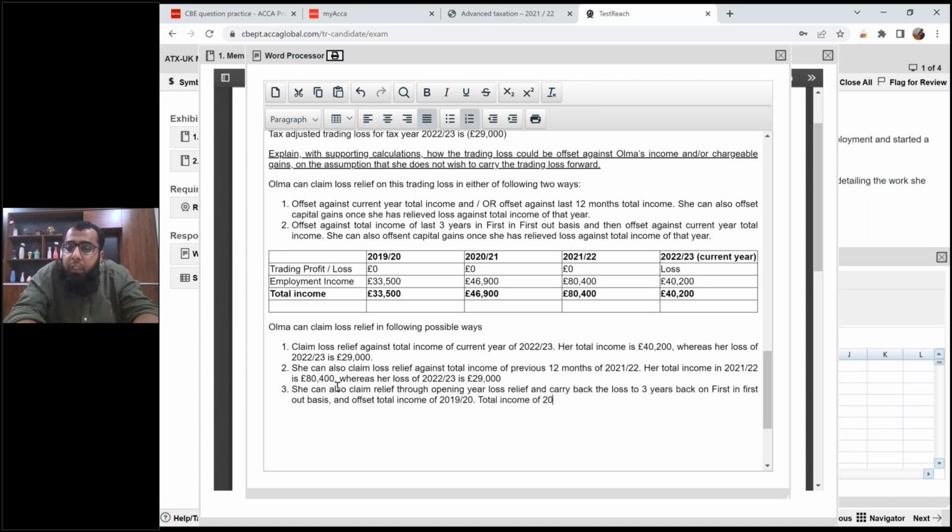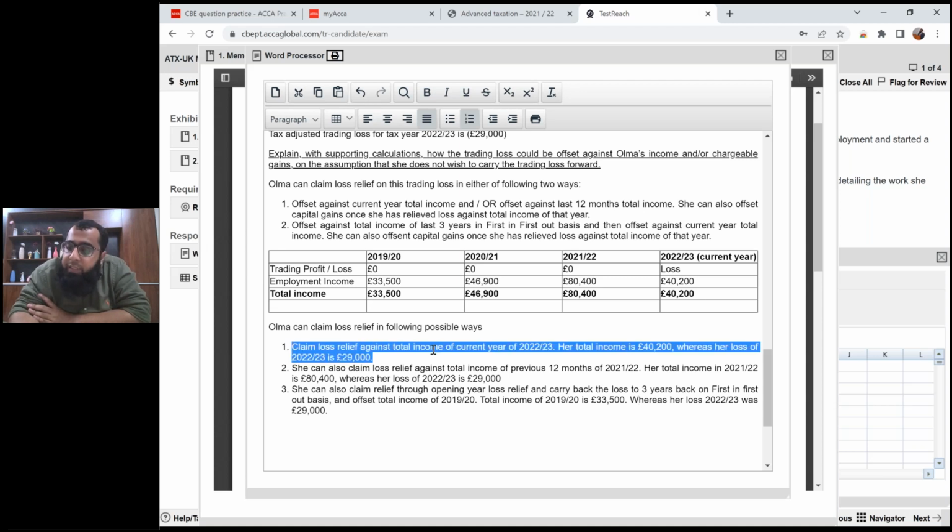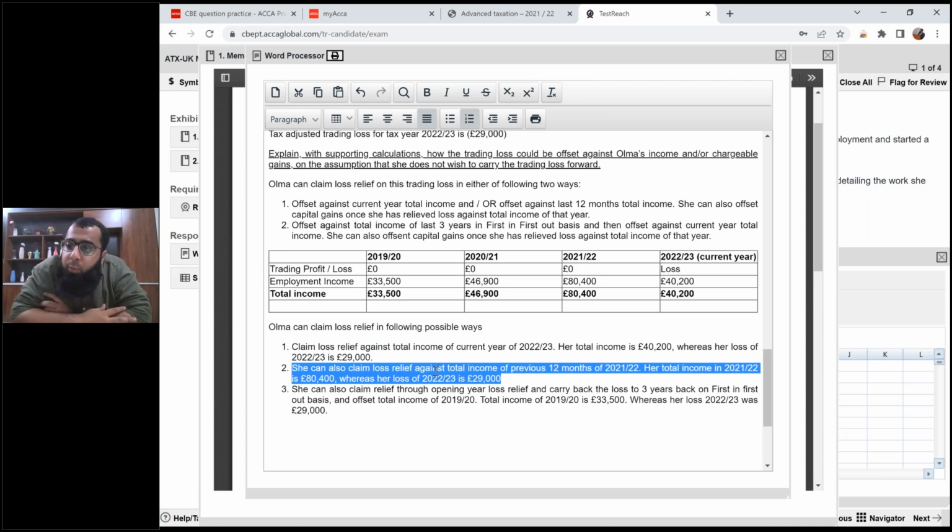Total income of 2019-20 is 33,500, whereas her loss of 2022-23 was 29,000. So these are all the possibilities in which she can claim the loss relief. She can offset the current year total income, the previous 12 months total income, or she can go back 3 years.